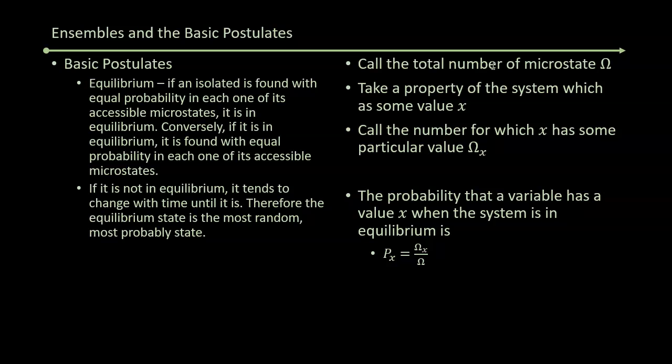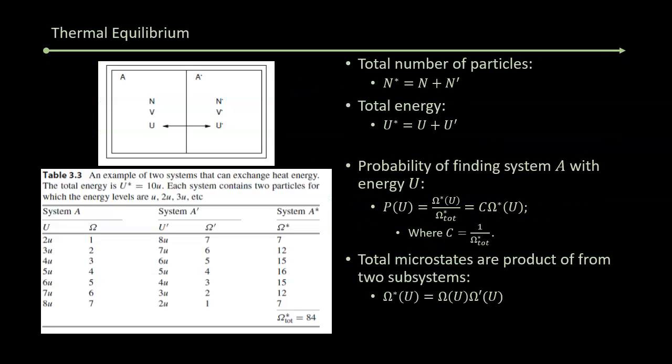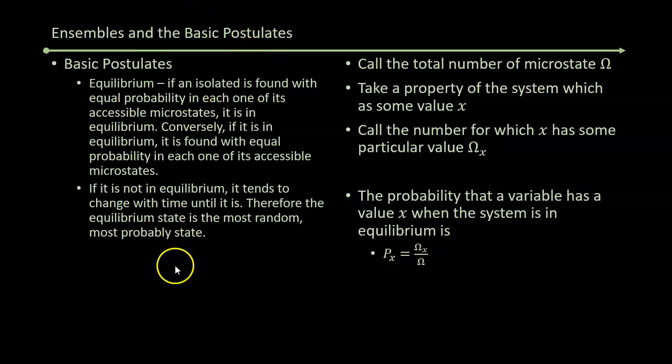That means the probability that you have that x, p sub x, is the number of microstates with omega x divided by the total number of microstates. It kind of makes sense. All right, we're going to stop here with the microstates, and we're going to pick up again on the next segment.